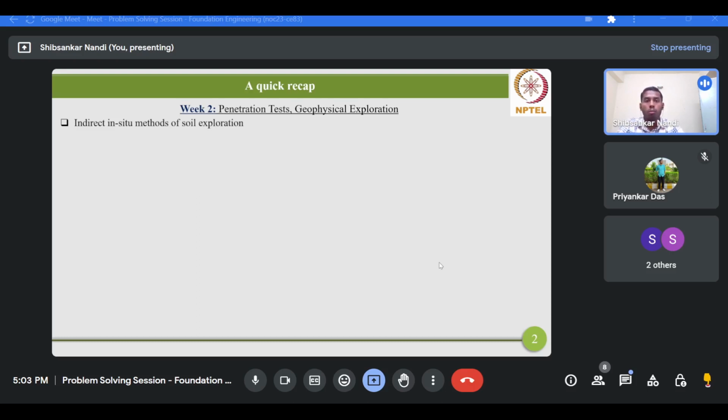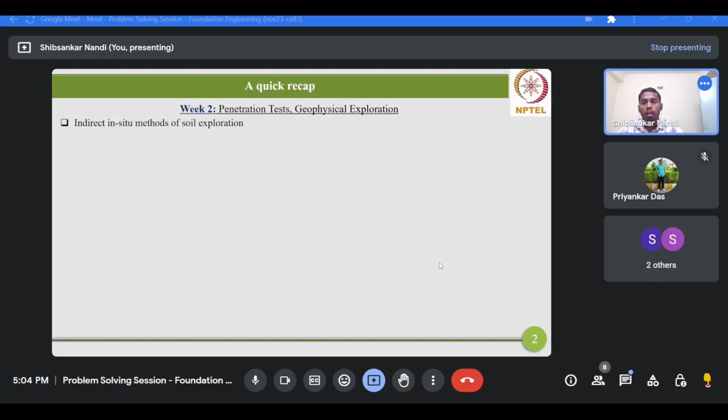Those who have gone through the lectures of week 2 may know that in this week we have covered broadly the topic called indirect in situ methods of soil exploration. In the last week we had seen there are three types of methods by which we can conduct the soil exploration program: the first one direct, then semi-direct, and lastly the indirect methods.